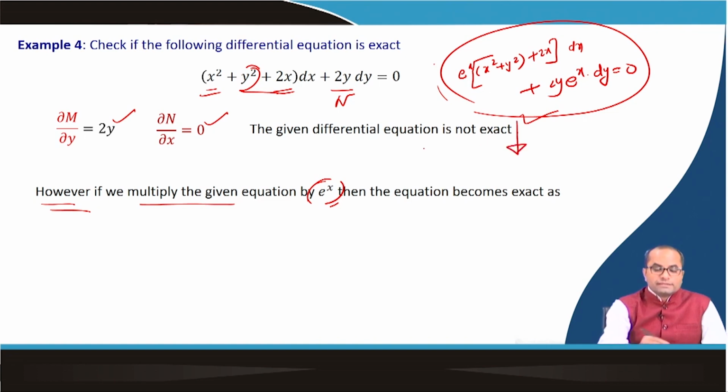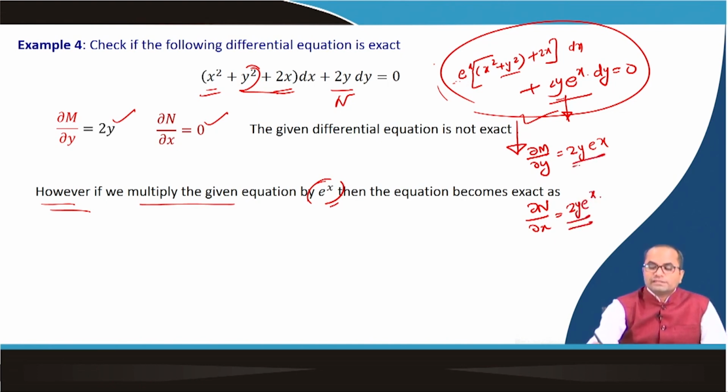And now, if we check this condition, what is our ∂M/∂y in this case now, because e^x is also multiplied now. So, that will be 2y e^x, and what will be ∂N/∂x now, because with respect to x we have to differentiate, that e^x will be as it is. So, 2y e^x.